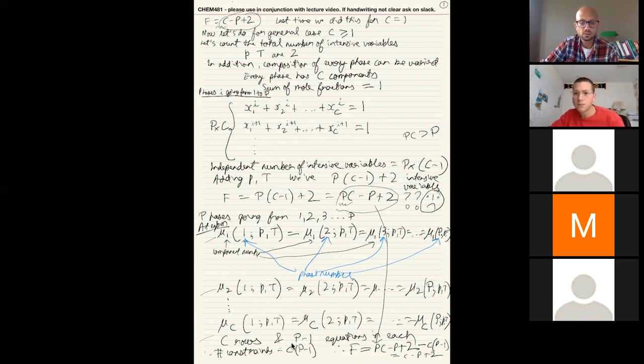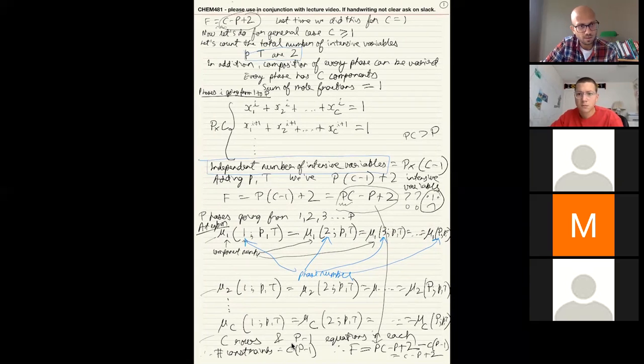How do we do this? So in order to do this, we have to account for two things. We have to account for the independent number of intensive variables the system has. For a one component system, this would have been only pressure and temperature, right?